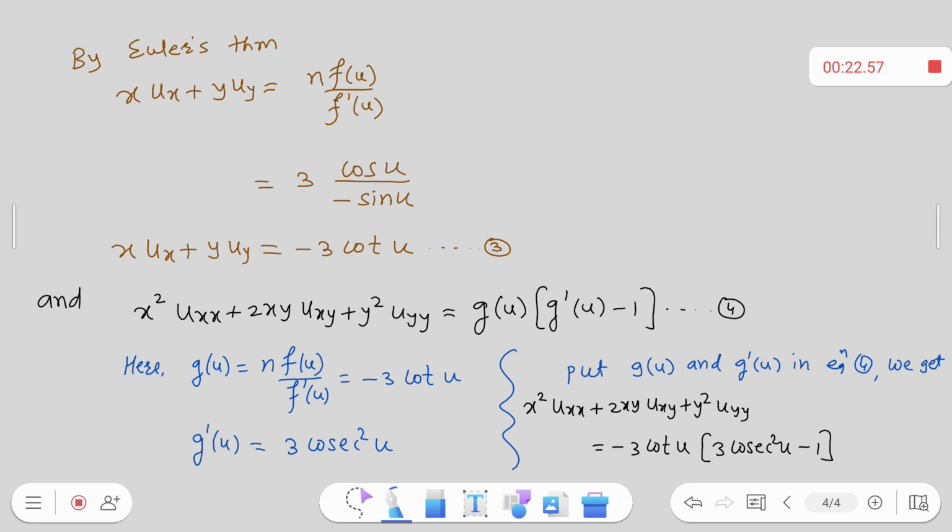Whenever the derivative is in terms of the sum of both x and y, similarly derivatives of second order in terms of the sum of x and y, then use Euler's theorem. Otherwise, no need to use Euler's theorem. Directly use the definition of differentiation: first order, second order, third order, fourth order, like this.